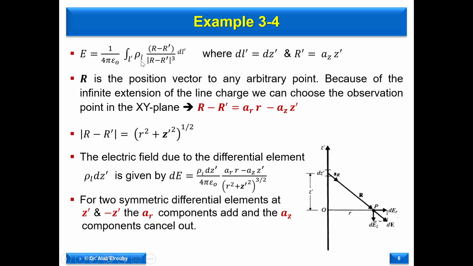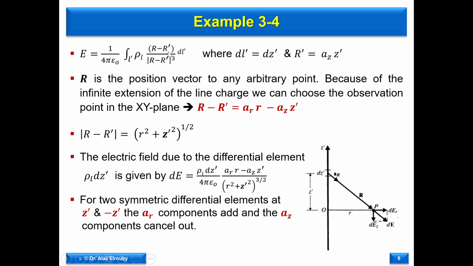Now, as I said, the first thing to do is to know how to express the different symbols or parameters in the formula correctly. So dl prime: we put the line along the z-axis, so dl prime would be dz prime. Anything related to the source would have a prime.